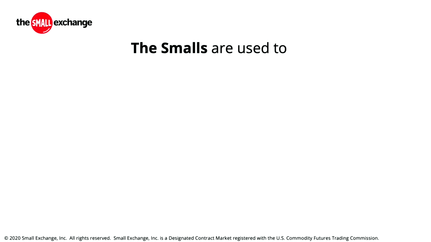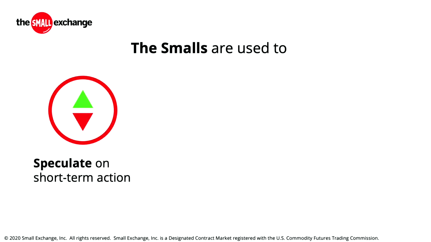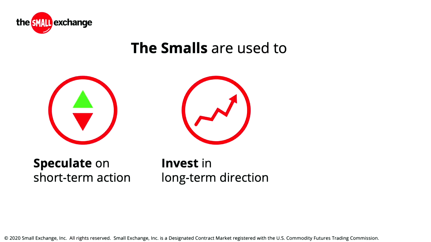Now, I want to conclude with some uses here for the S10Y product, and all smalls are used for speculation. That's probably the number one use of any futures product with retail, that margin being used for speculating on short-term action. But also, if you have a long-term bias, like you think yields are going back to 2% or 3% in the 10-year, it's very efficient for that as well.